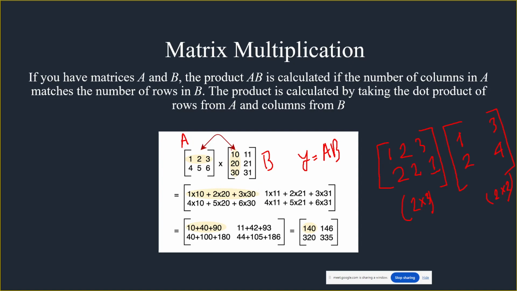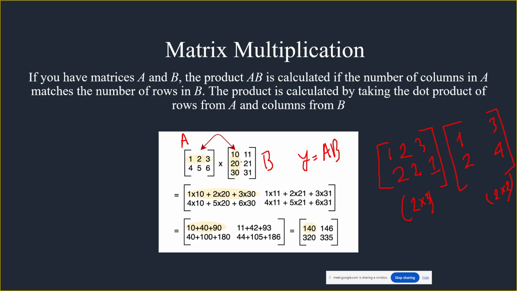Again, to find the final product, you need to multiply the rows with the columns. Here we will multiply 1 with 10, then add 2 multiplied by 20, and 3 multiplied by 30. That will be the element of the first row and first column.